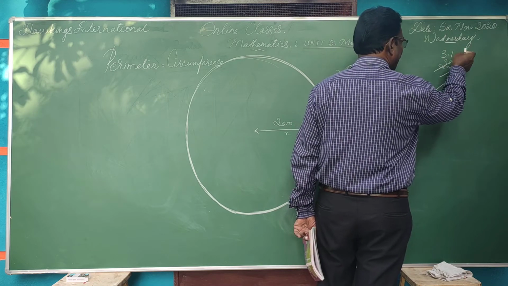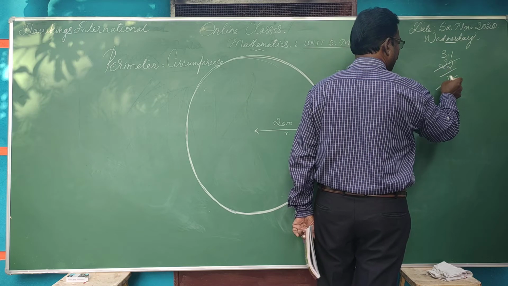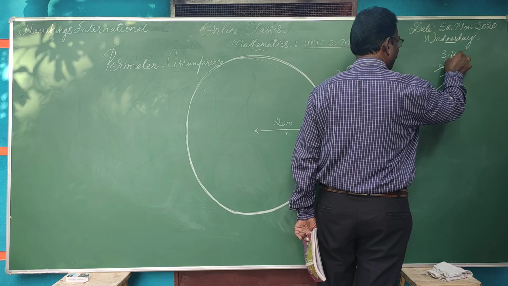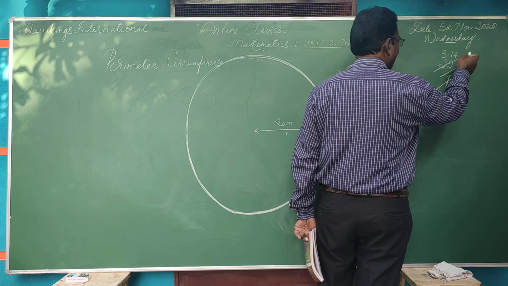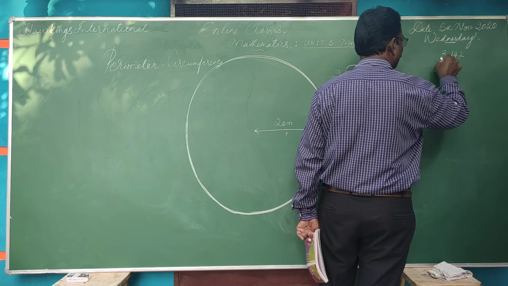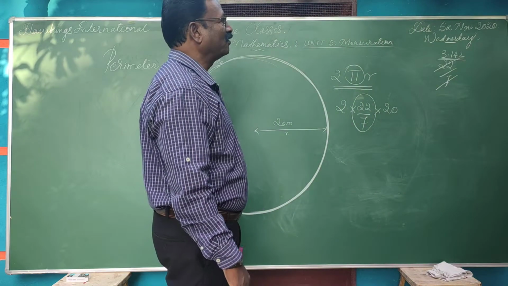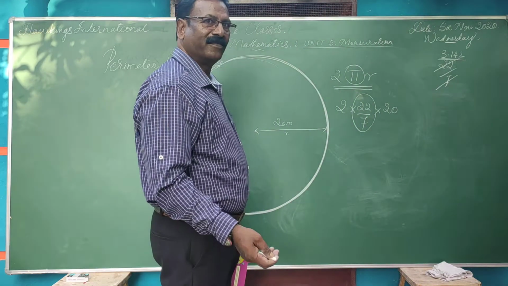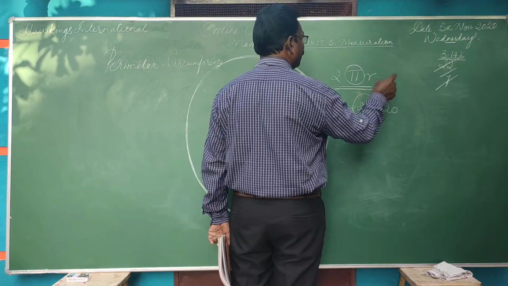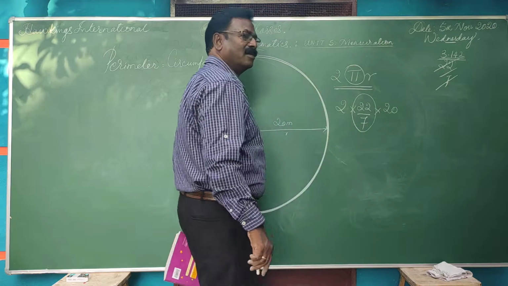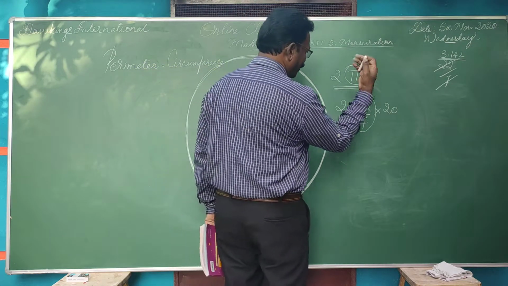Then again remaining is 3, 7 4s are 28, 2 remaining. Again you can put 2, so 3.142 or 3.143. You keep in your mind the value of pi is equal to 3.142. Or directly by using this you can calculate.